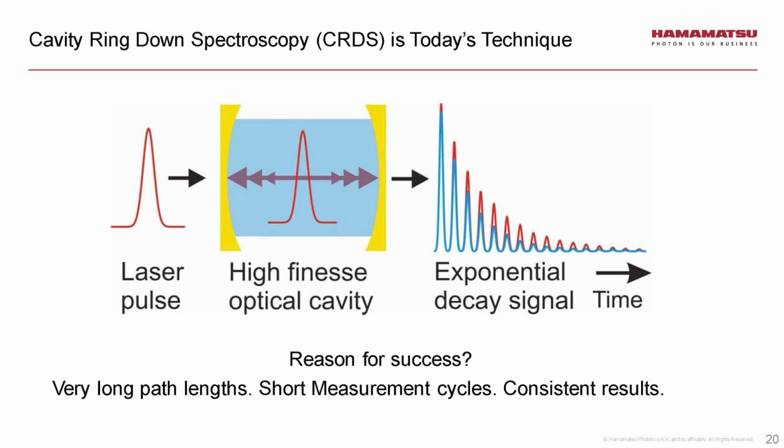The light bounces back and forth over and over again. And if there is some sort of gas inside, the signal is going to decay quicker. Since this path length is so incredibly long, even a few molecules within the space are going to affect this decay time, because the path length is a huge part of the Lambert law.